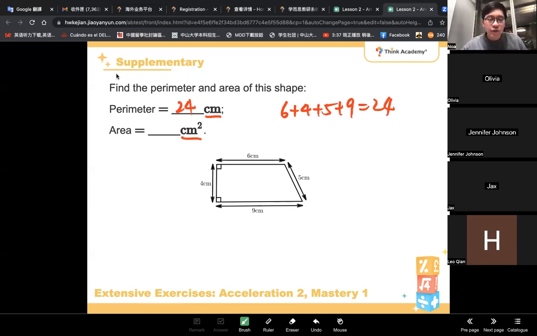Remember our area formula of trapezium? Large length, good job. But large length, the unit. If it's not square, it's a length.